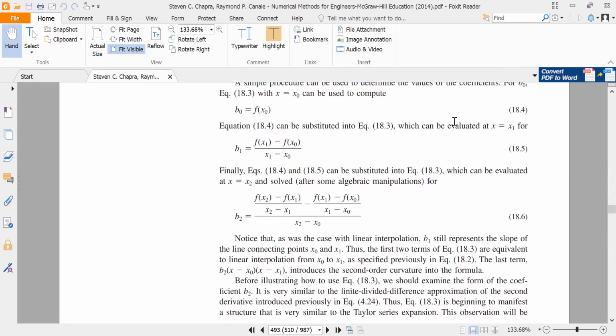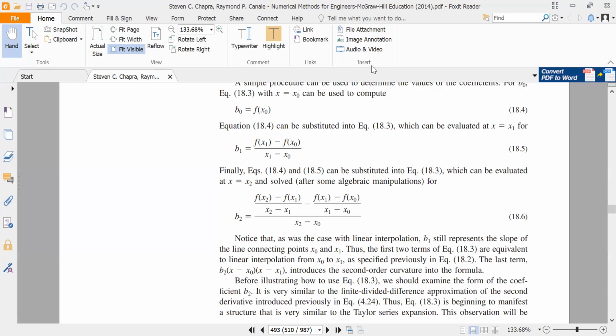For your B1, we can find 18.5. You see that, is it not an approximate equation of a derivative? Then putting x equal to x2 in our general form of the quadratic equation, you will find and rearrange, that B2 is equation 18.6.